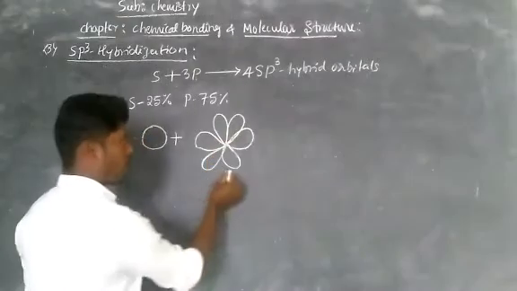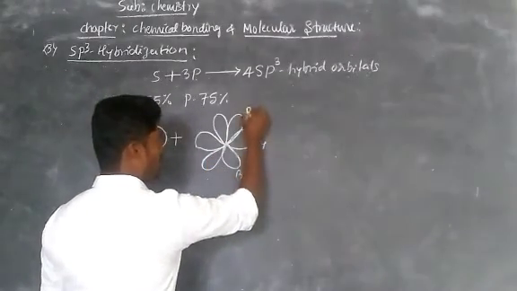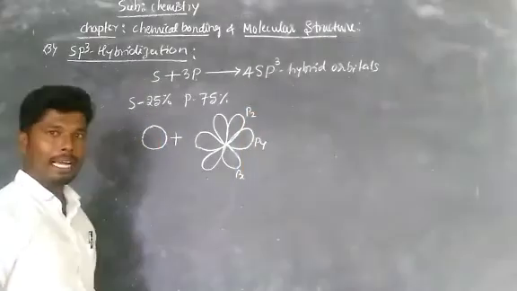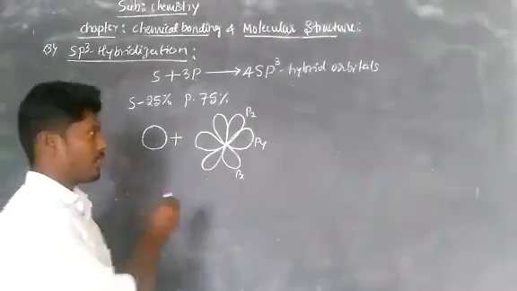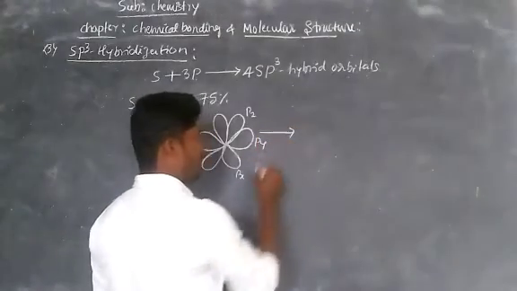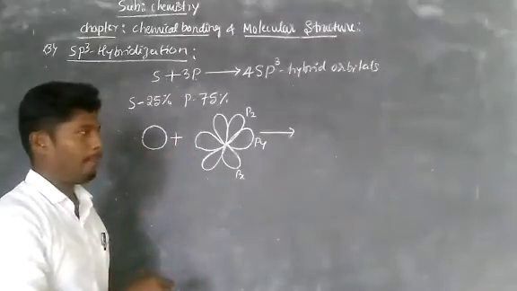Okay, assume one is px, one is py and one is pz. 3 different types of orbitals are there, right? P orbitals means 3 different directions. All these 3 overlap with s together to get a set of 4 sp3 hybrid orbitals.